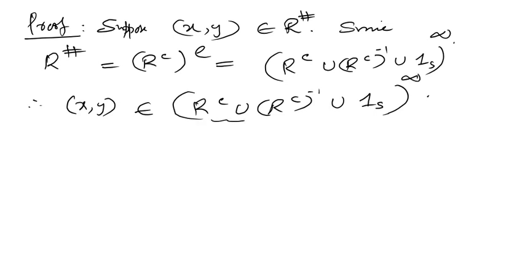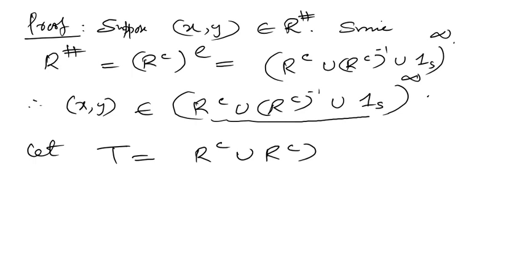So let's denote this relation by T. Let T be equal to RC union RC inverse union the identity relation on S. Then the pair xy is in T infinity.